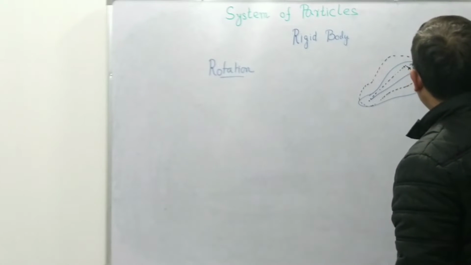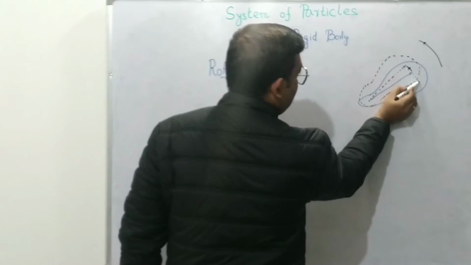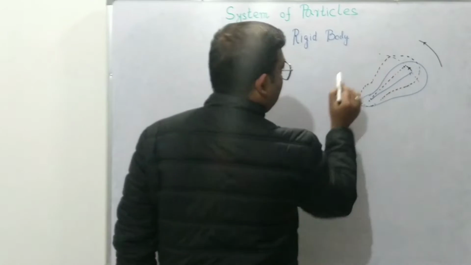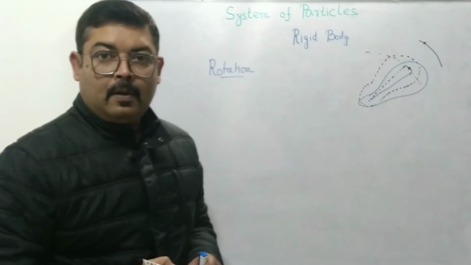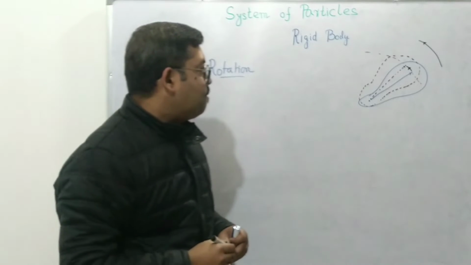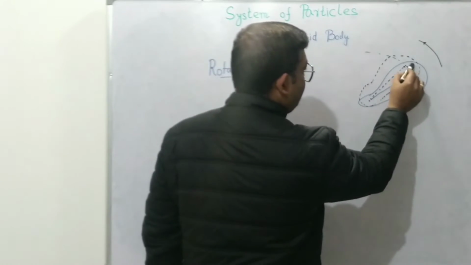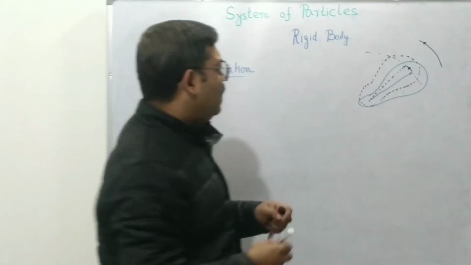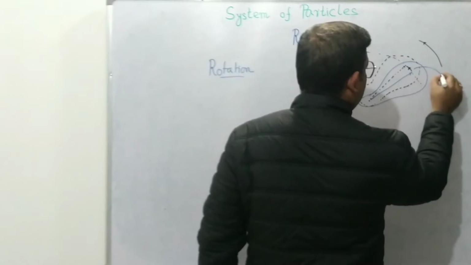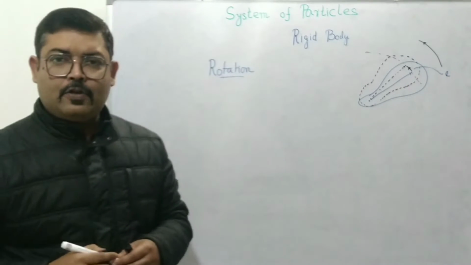This is a circular motion, right? So it will move along some arc. It will be executing a circular motion here. The arc length it has produced is this much. Let's call this L. It has moved by a distance of L.